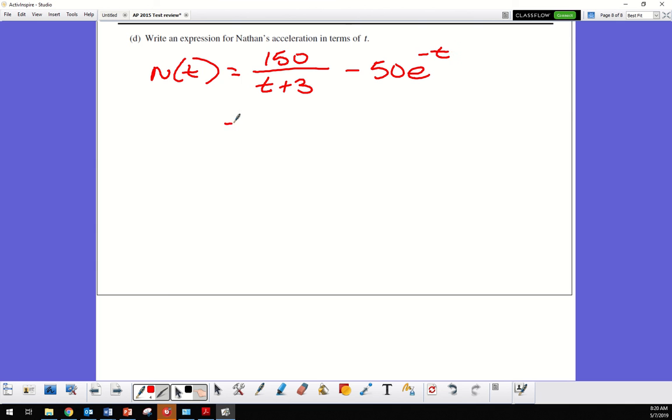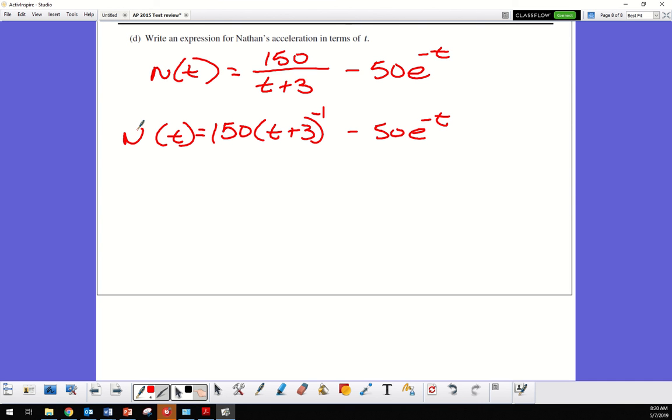So it's going to be 150 times t plus 3 to the negative 1, minus 50 e to the negative t. That one's going to be easy. As long as you end up with the same answer, you could jump past all that.